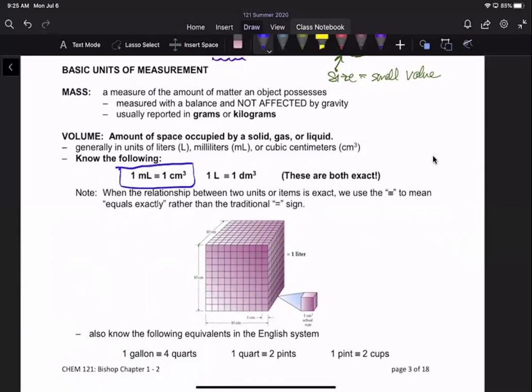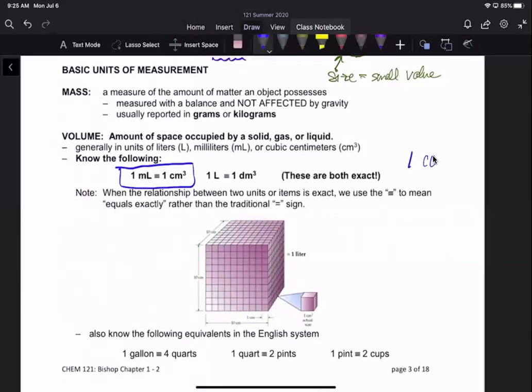Remember, the 3 lines means that it's an exact definition. 1 milliliter is 1 cubic centimeter. In the health sciences, we sometimes hear this referred to as 1 cc, cubic centimeter.